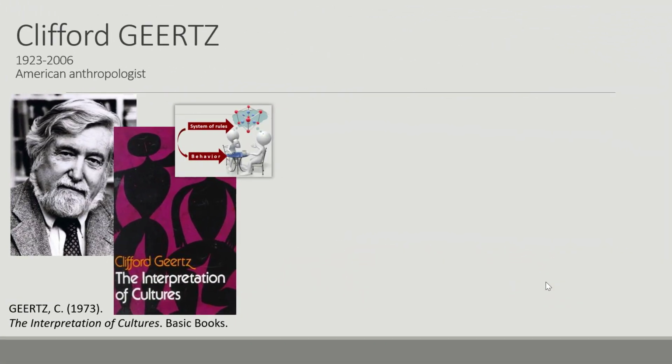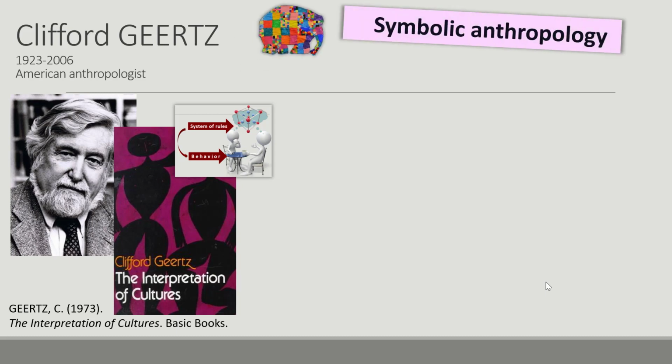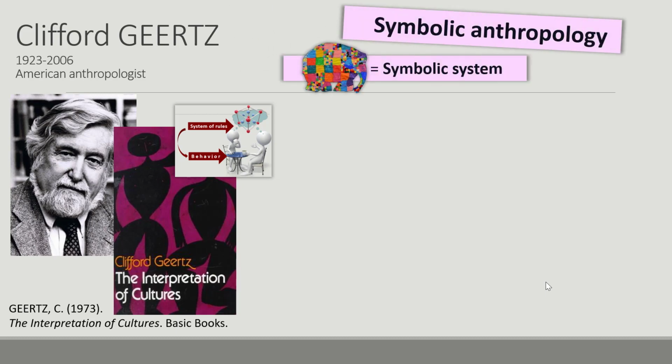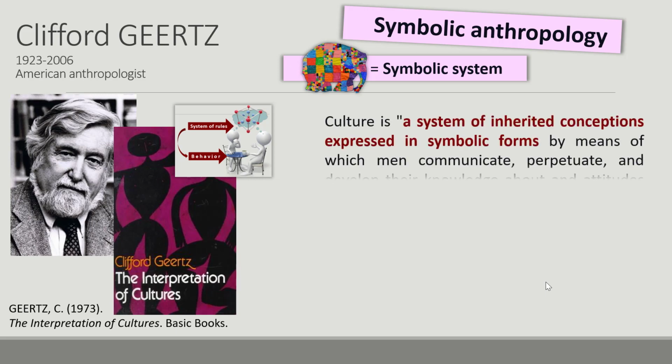In his seminal work, The Interpretation of Cultures, another American anthropologist, Clifford Geertz, belonging to the symbolic anthropological school, advanced an understanding of culture as symbolic systems. According to Geertz, culture is embodied and transmitted through symbols.